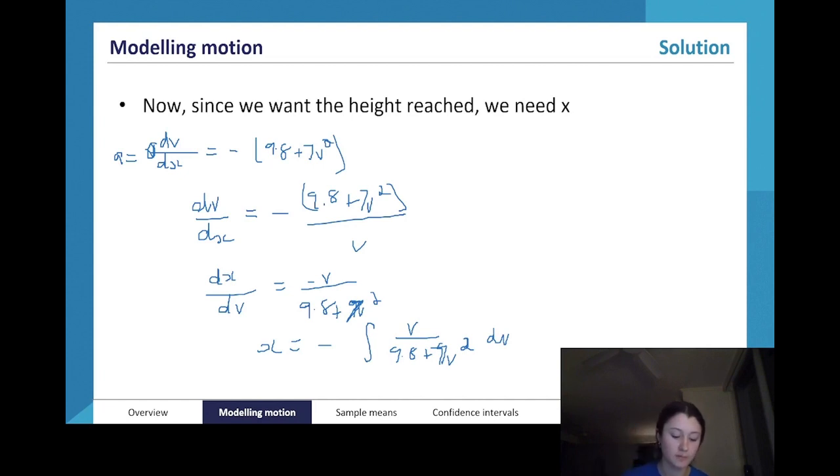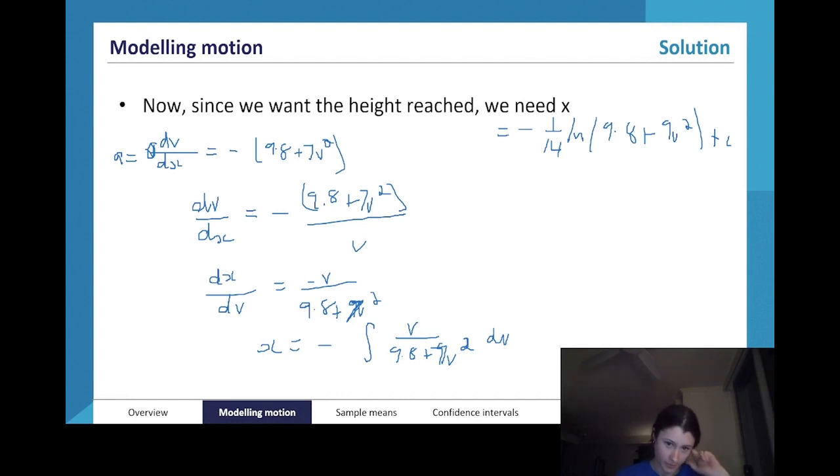Alright, so integrating this, all you would need to do is use some simple linear substitution, and we would get an answer of negative 1 on 14 ln of 9.8 plus 7v squared, plus c.